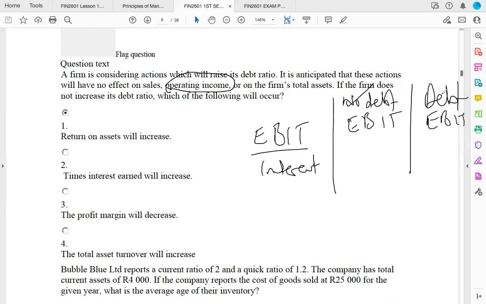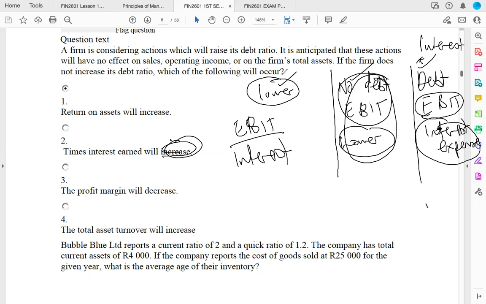So the operating income before will be the same as the operating income after, whether with no debt or with debt. However, if we do increase the debt ratio, we are going to have a higher interest expense. We have to pay interest on that debt, right? We raise our debt ratio, we are going to have a higher interest expense.